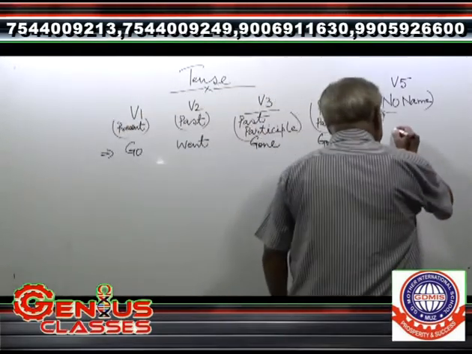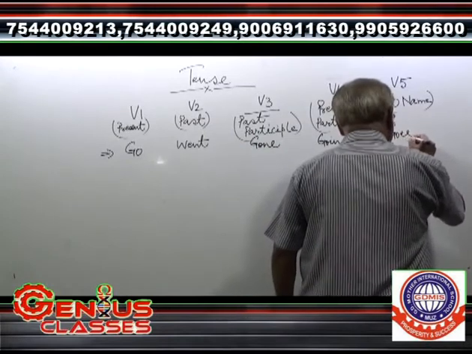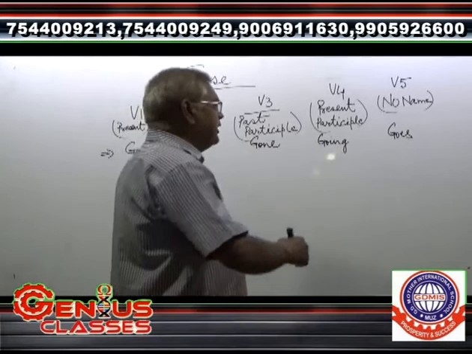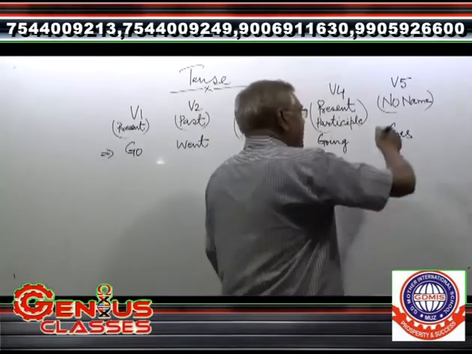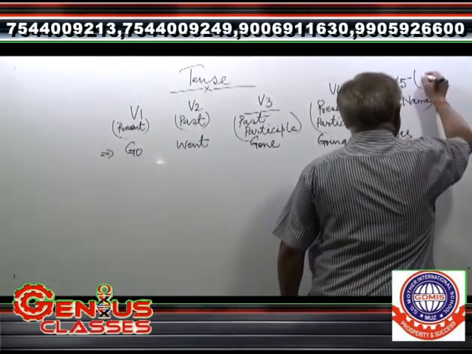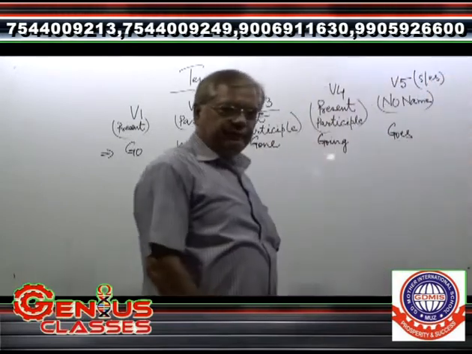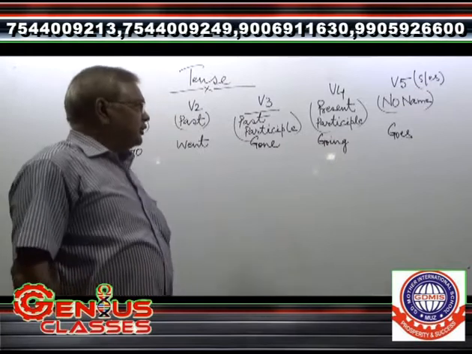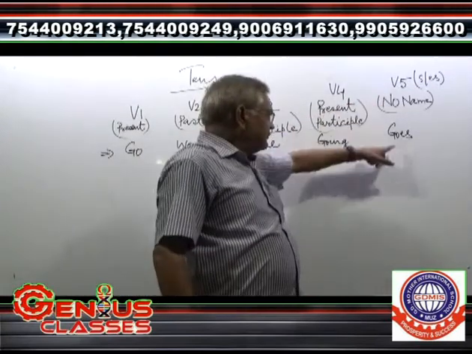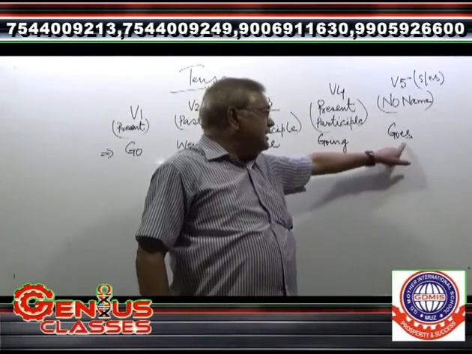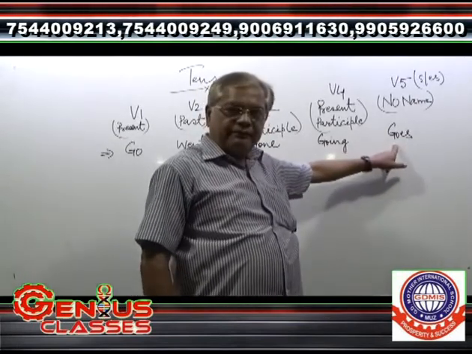And V5, that is goes. V5 means that along with the verb we add s or es. So V5 is goes. I have added es along with the verb.